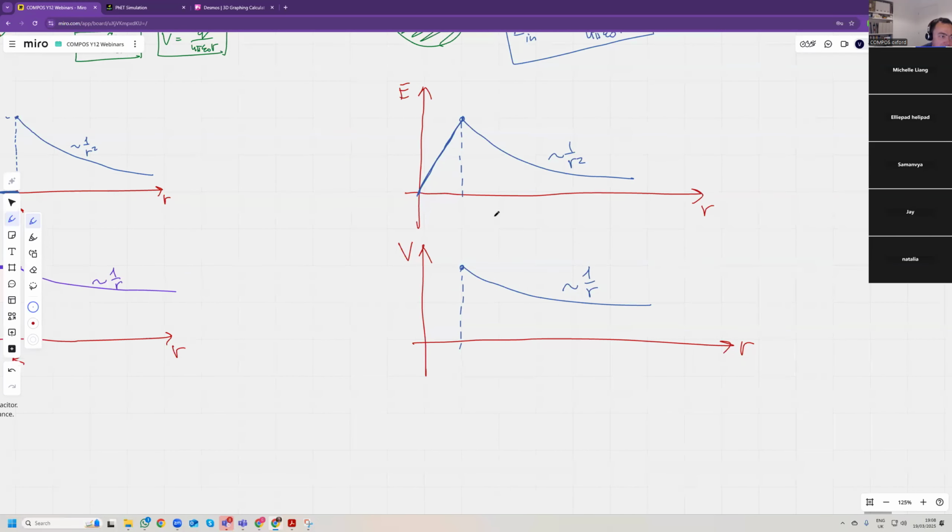And now V. But we know that electric field is the derivative dV/dr.